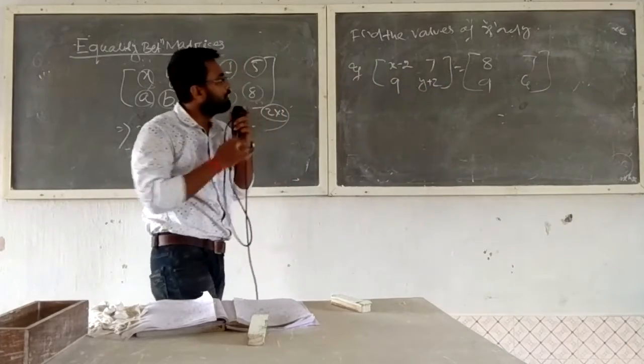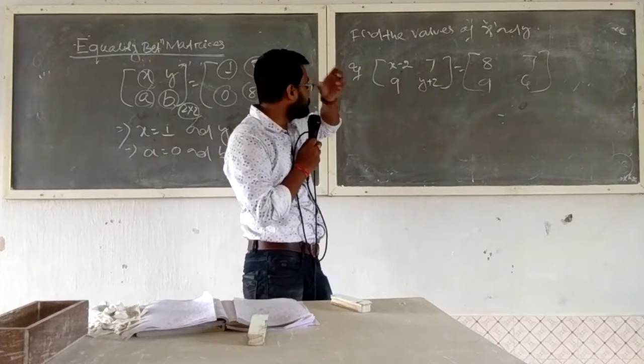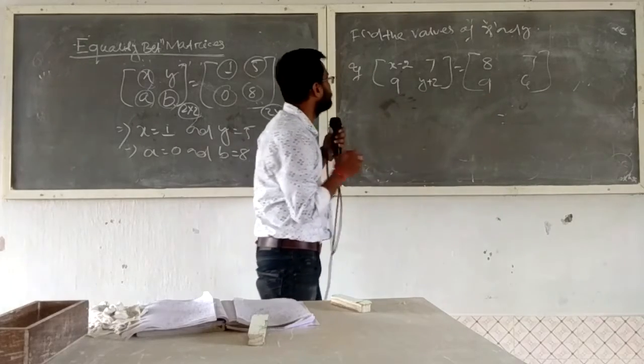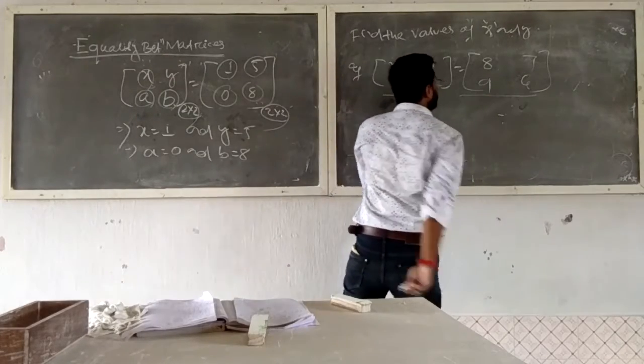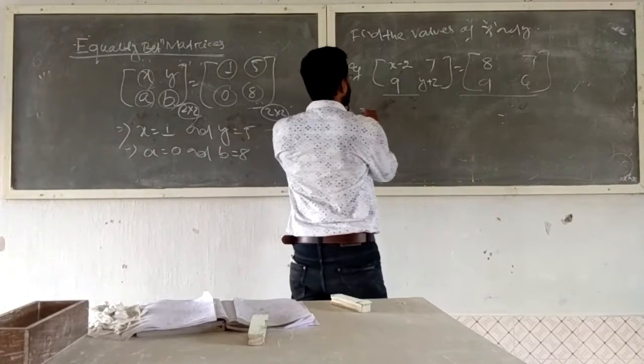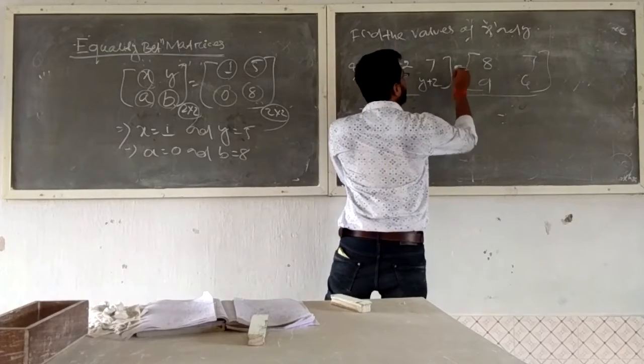We can find the values of x and y. The condition given is that the two matrices are said to be equal, so we can compare the two matrices and find the values of x and y.